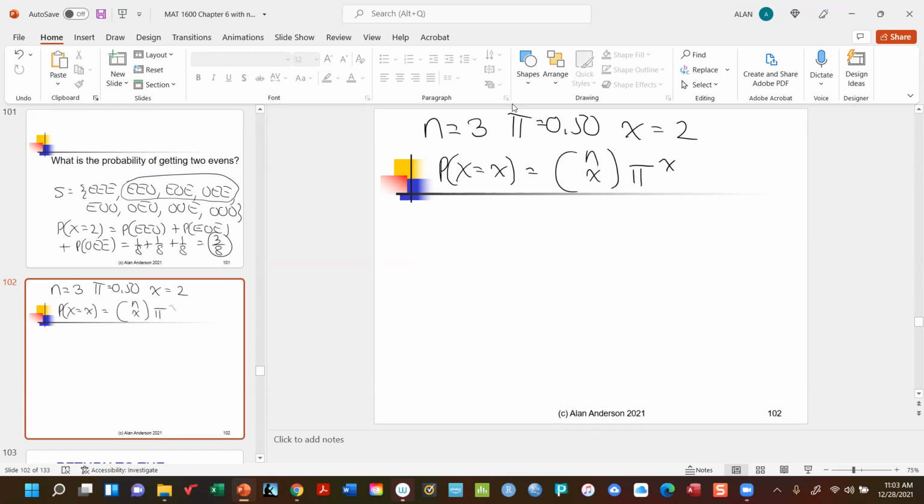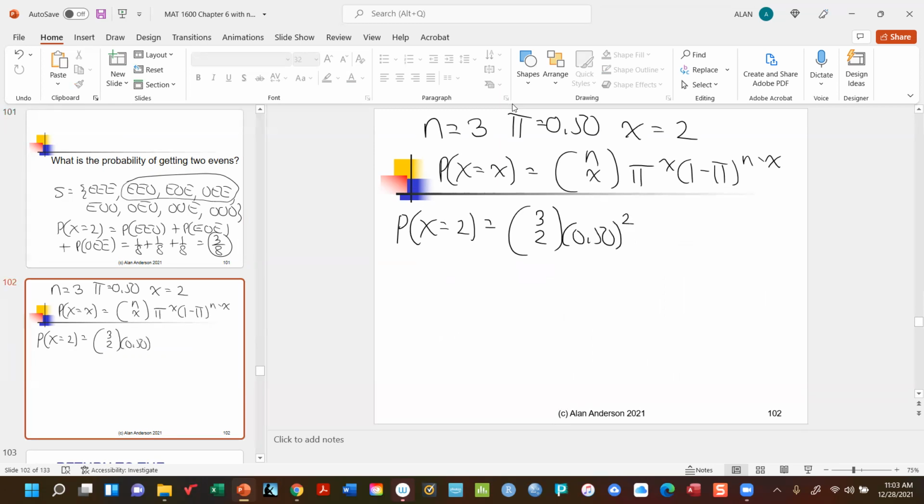So once again, a quick reminder of how this formula works. And by the way, 1 minus pi is a half. Because pi is a half, 1 minus pi is a half, n minus x is 1 because n is 3 and x is 2.